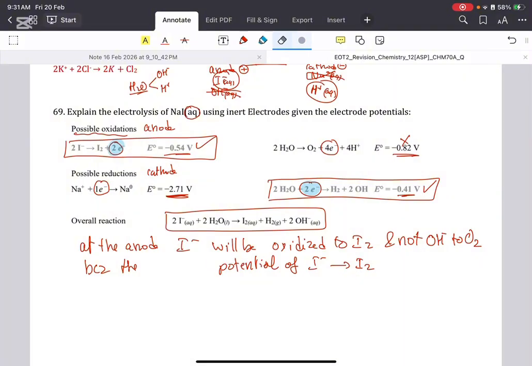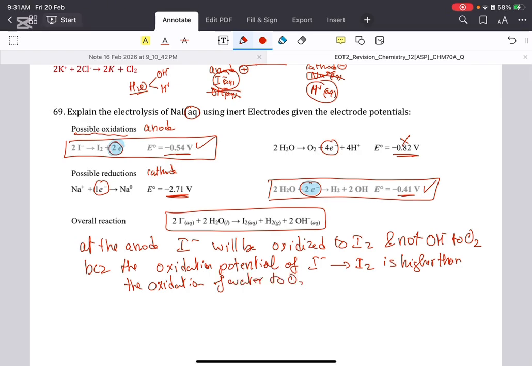Okay, wait, let me put oxidation potential, because here they gave it to me as an oxidation potential. So the oxidation potential of I minus to I2 is higher than the oxidation of water to oxygen gas.